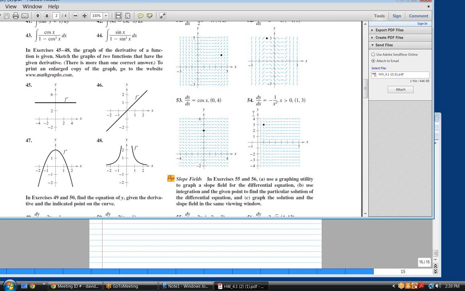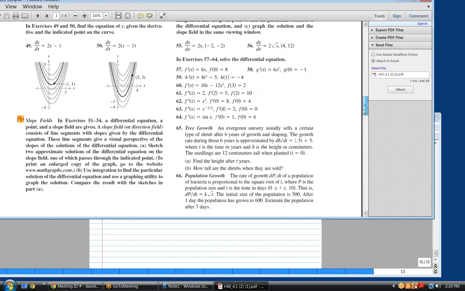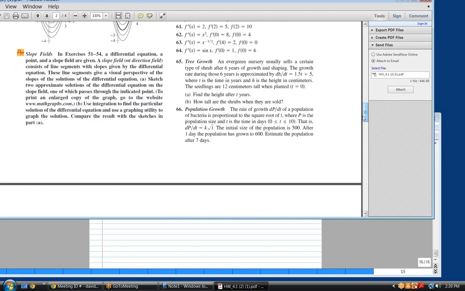And this one here looks like it might be the symmetrical of e to the x, or something like that. Okay, so let's go through each one of them here. Let's see what they say.